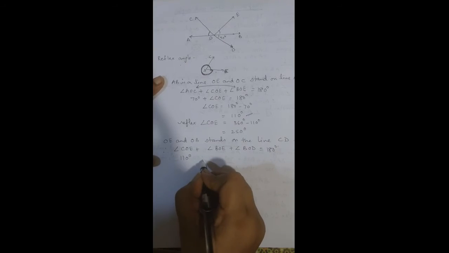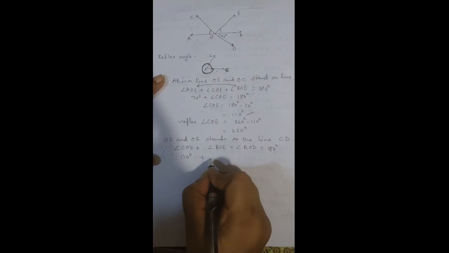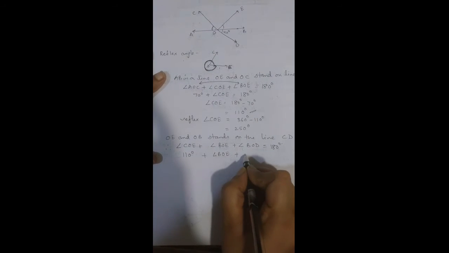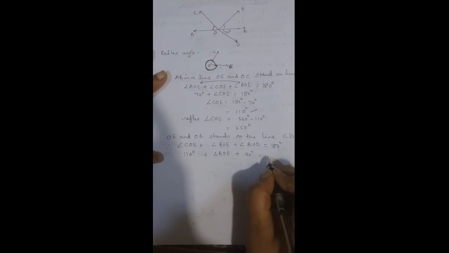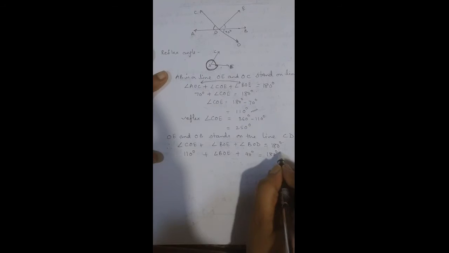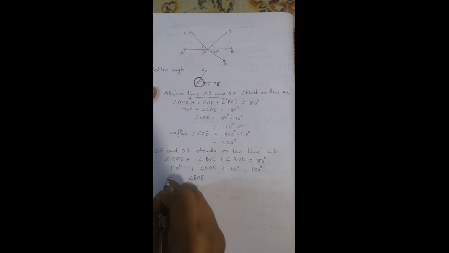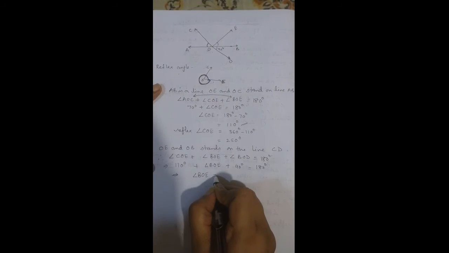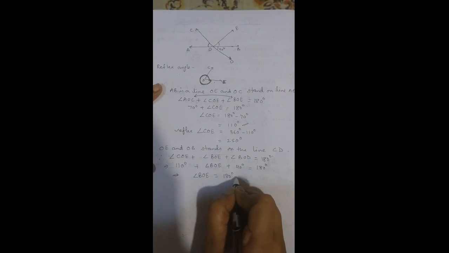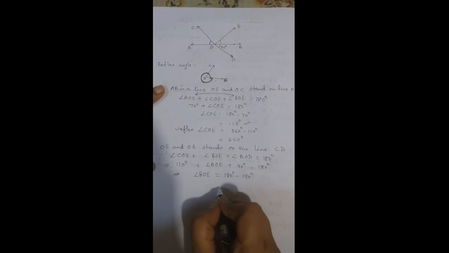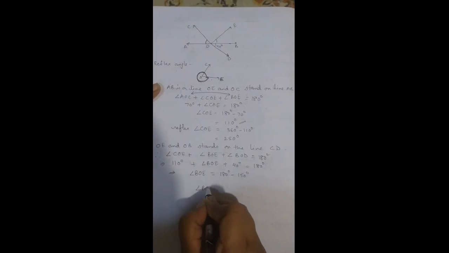COE we have calculated, that is 110 degree; BOE we have to find, and BOD is 40 degree. So the sum of all these is 180 degree. So angle BOE equals 180 minus 110 plus 40, that is 150. So angle BOE equals 30 degree.